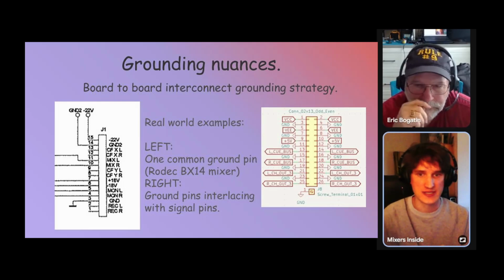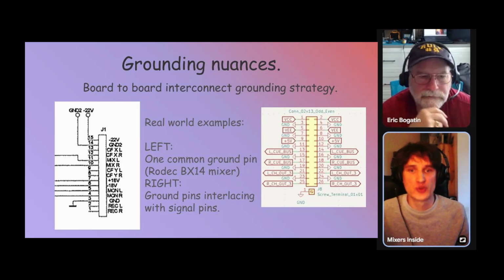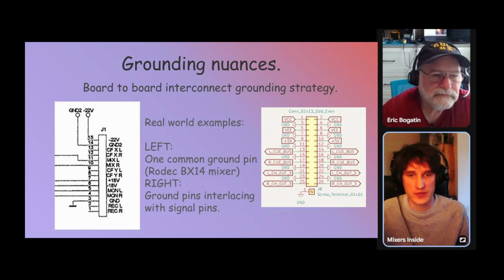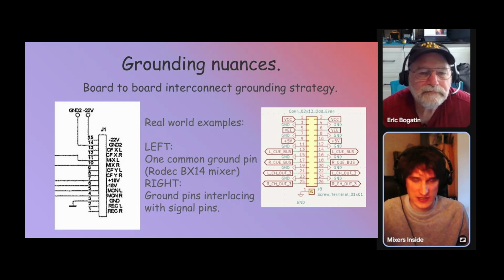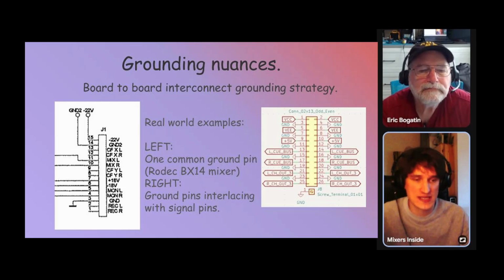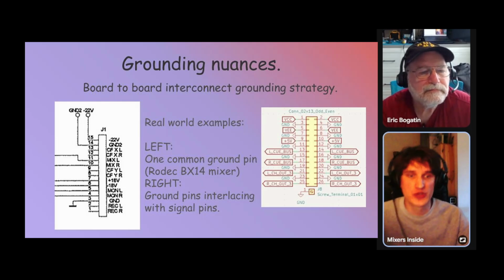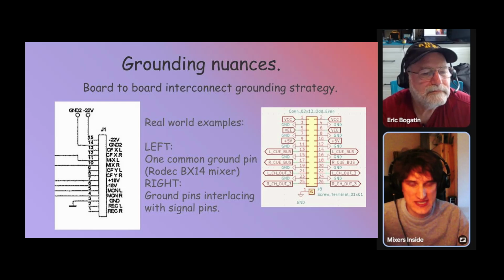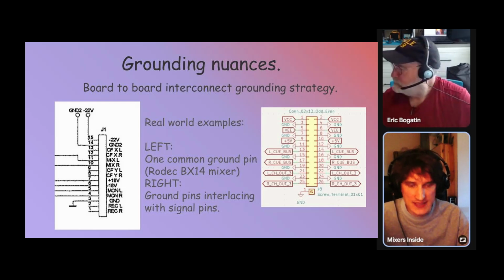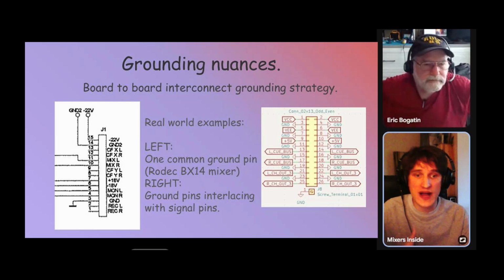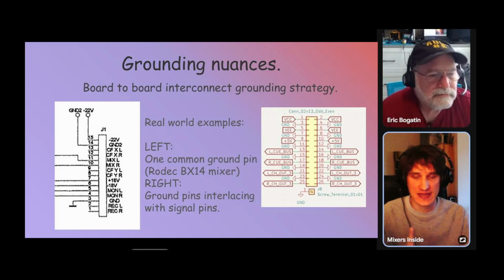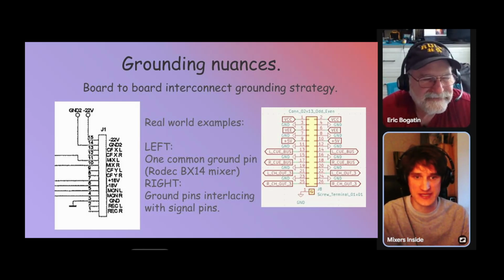And I found in the real world two interesting and different examples of how signals are getting interfaced, and here we can see the output connectors of channels. The first output connector, here on the left, is from a Rodec mixer. We have various signals, and we have only one common ground pin that is a reference for all the signals.